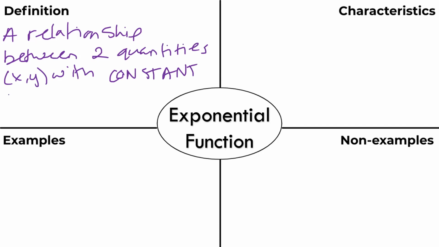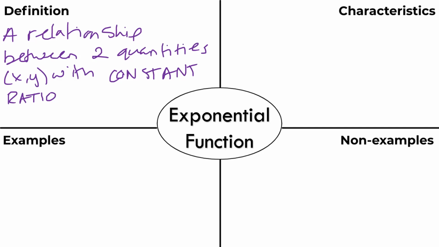Does anyone know what ratio means? What mathematical operations are you doing when you have a ratio? It's a fraction, right? Fractions mean that you are multiplying and dividing something. A lot of times people don't consider that, but mathematically, the operations that you're doing when you have a fraction is you're multiplying by something and you are dividing by something.